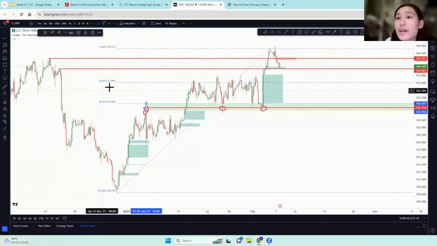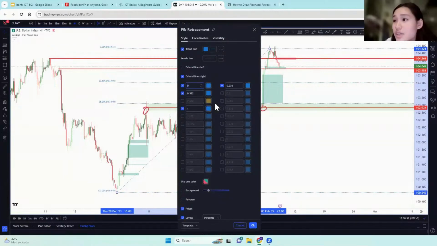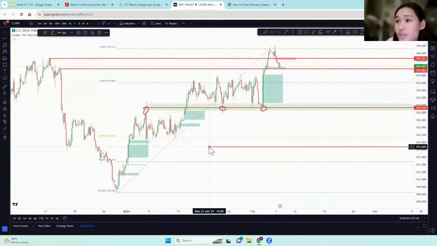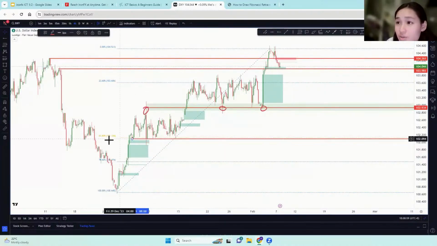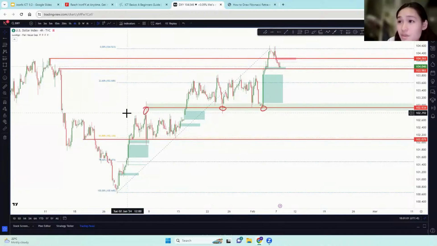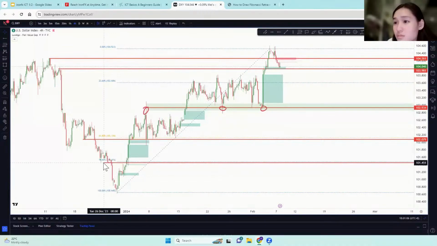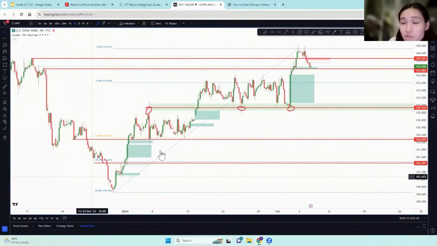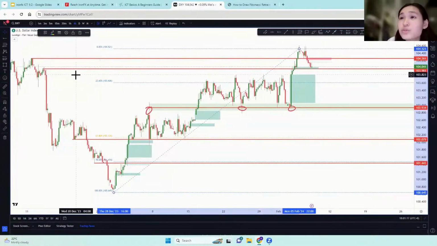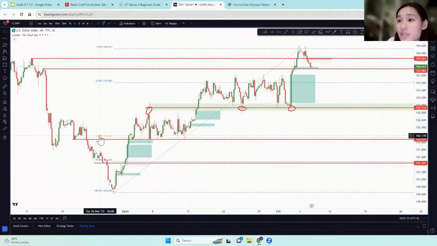Our 61.8 also lines up with the highlighted fair value gaps over here. The 78.6 doesn't really match up, apart from this swing low, which is fine, because it doesn't always have to match up. This 61.8 is a pretty significant level here.